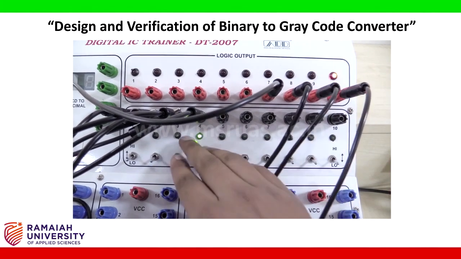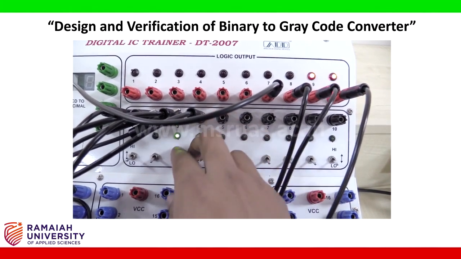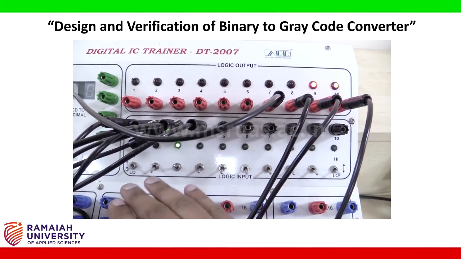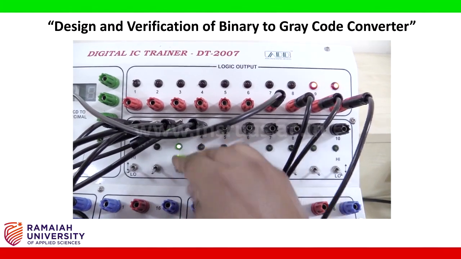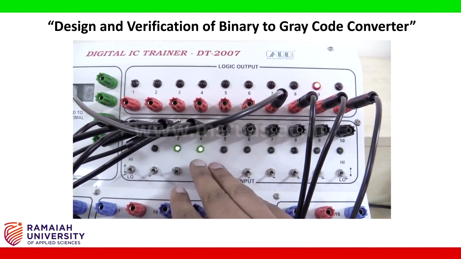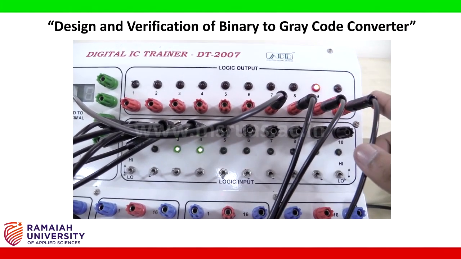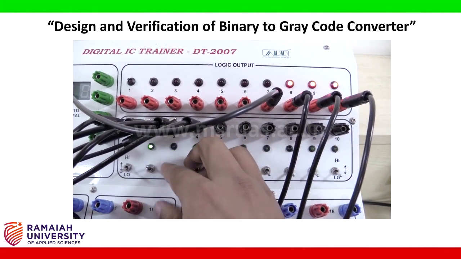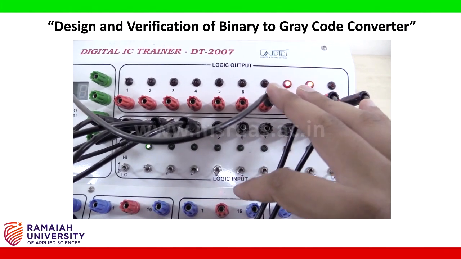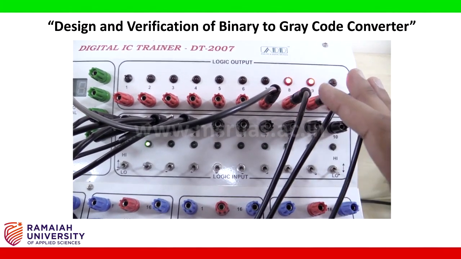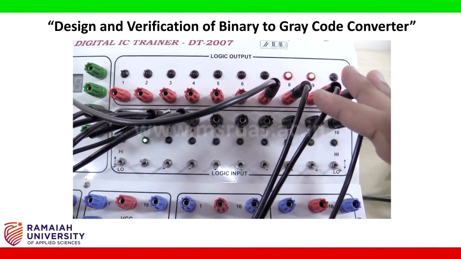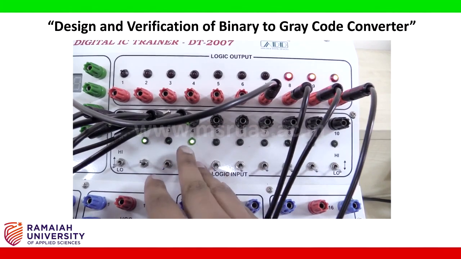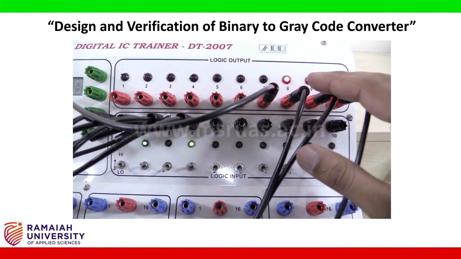For the next combination 0 0 1 0, the output is 0 0 1 1. For the next combination, input 0 0 1 1, the output will be 0 0 1 0. For the next combination of the input, that is 0 1 0 0, the output will be 0 1 1 0. For the next combination, 0 1 0 1, the output will be 0 1 1 1.